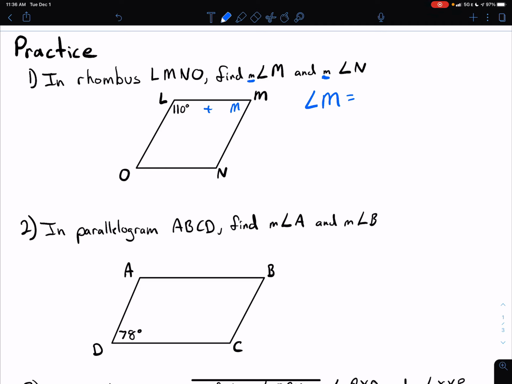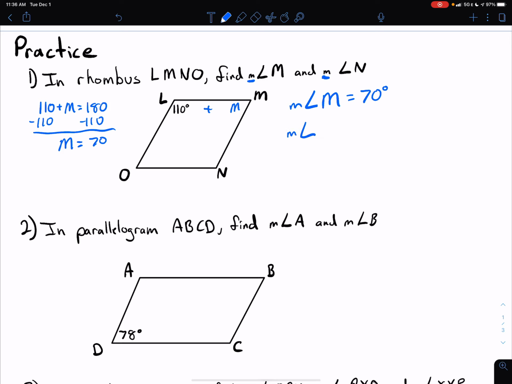So 110 plus M is equal to 180 degrees. To isolate the variable, I subtract 110 from both sides. That leaves me with just M on one side and 70 degrees on the other. So the measure of angle M is 70 degrees.